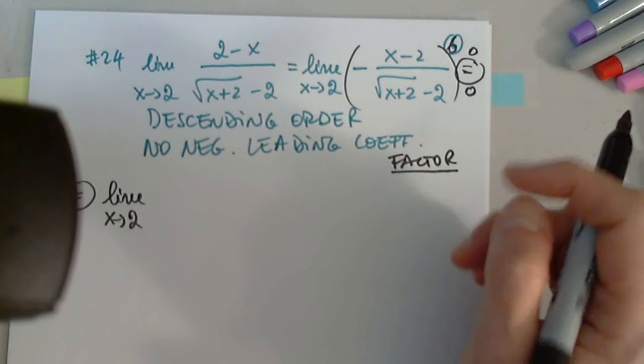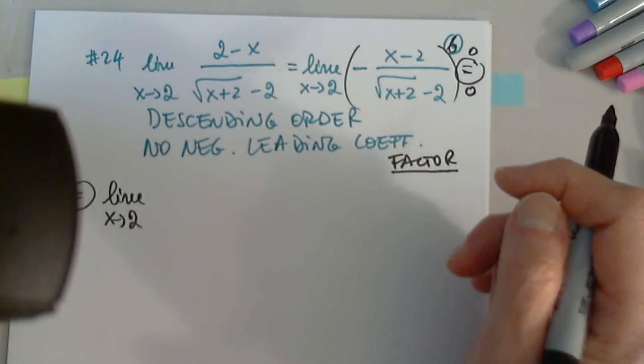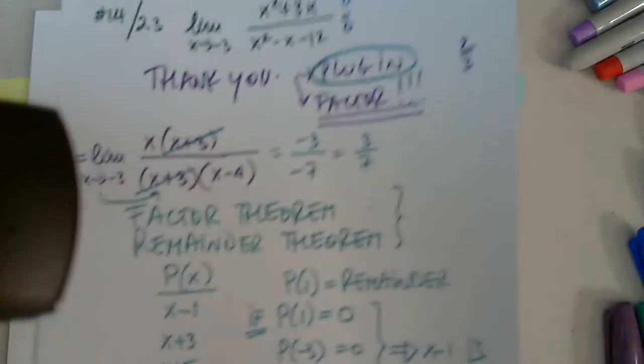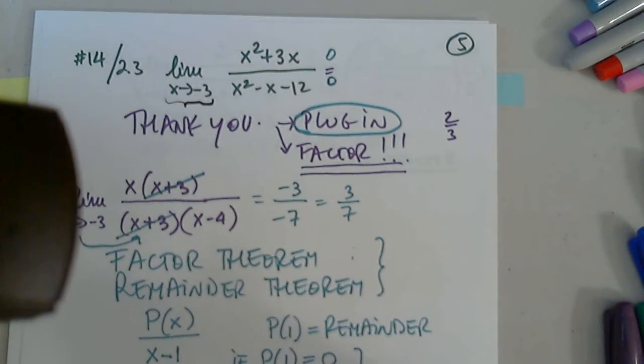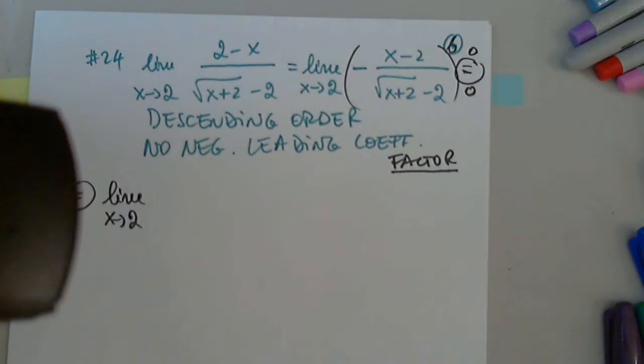At some point in time. Okay. And in the previous limit, which factor did we get rid of? X plus 3. Great job. Thank you, India. So one more time here, which factor do we need to get rid of? For sure, guaranteed.